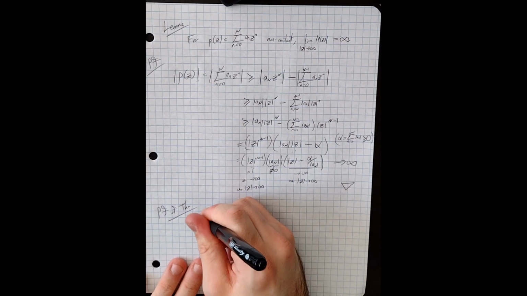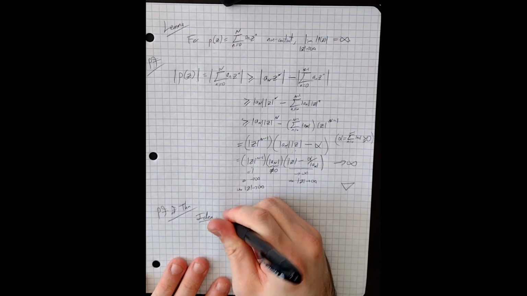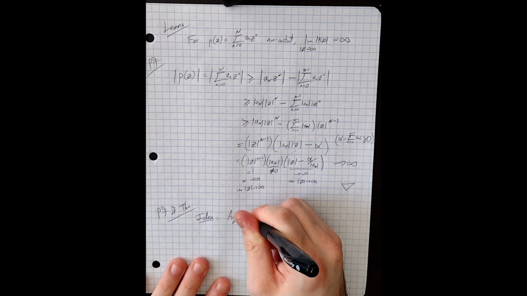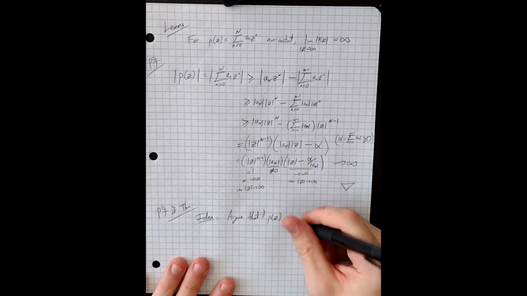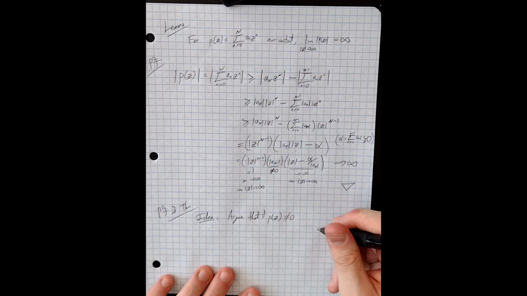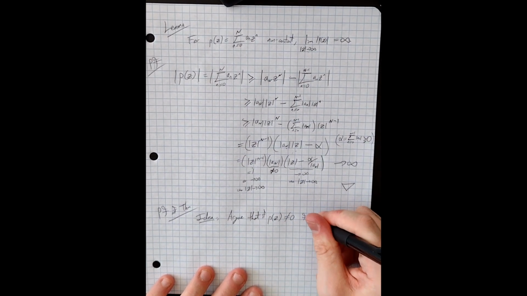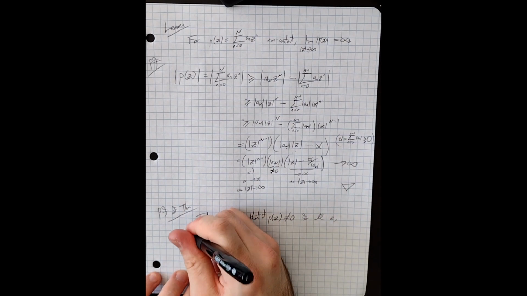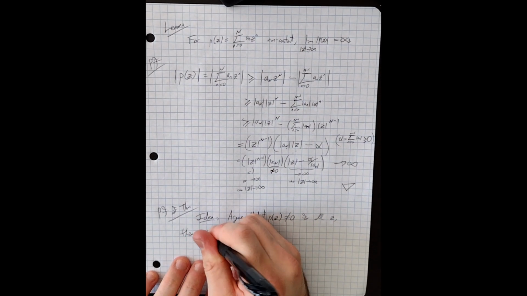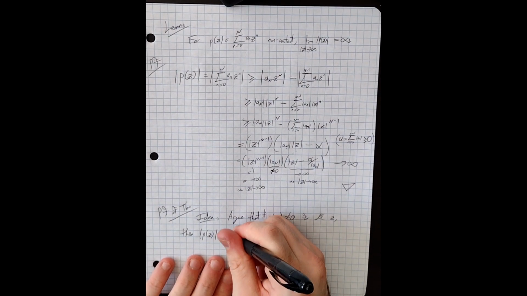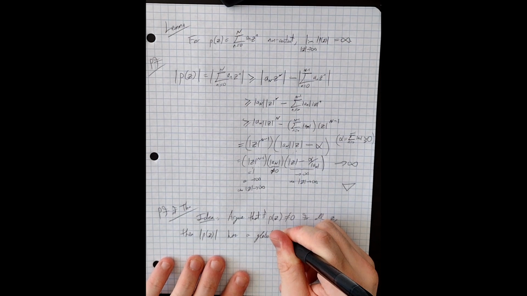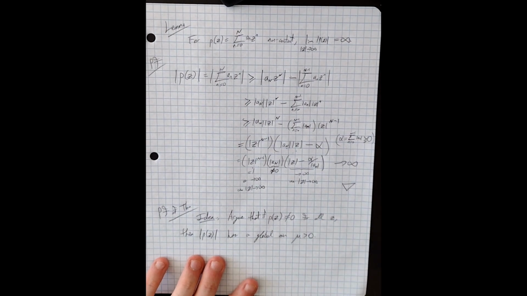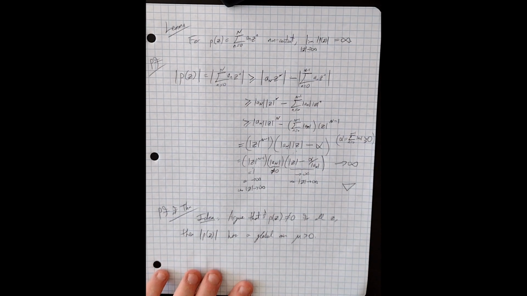So the idea is to argue, using the lemma, that if p of z is never 0, then p of z in magnitude has a global min mu greater than 0. And this is not too hard to argue. It's going to use the lemma above.